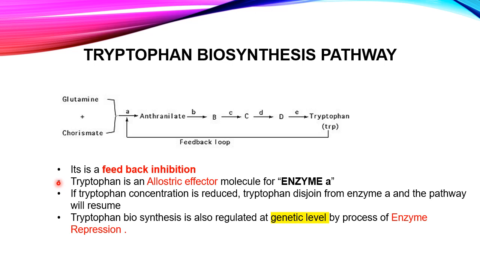And this is happening when the tryptophan concentration is high within the cell. Suppose the tryptophan concentration is reduced and tryptophan is used up, then the tryptophan will disjoin from enzyme A and the pathway will resume.